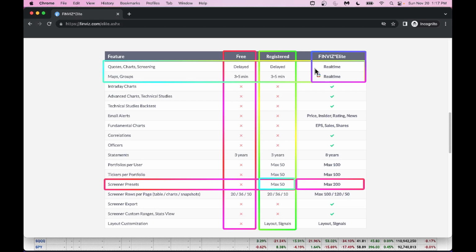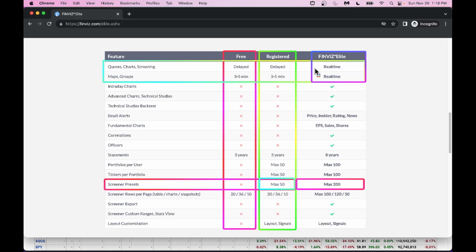Look, I got subscription to various tools, as many of you know. I have checked out the Trade Ideas, I've checked out TC2000, and I do have the Trading View. And I've checked out many tools here, but Finviz Elite is one of the best, mainly because it's so simple to use.